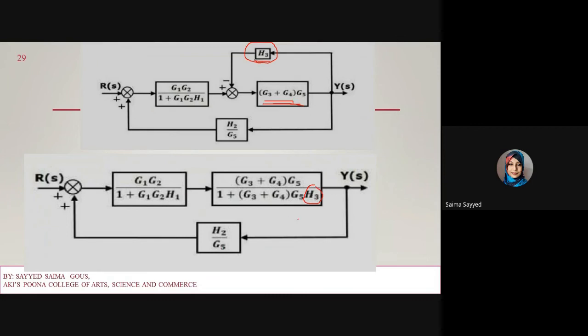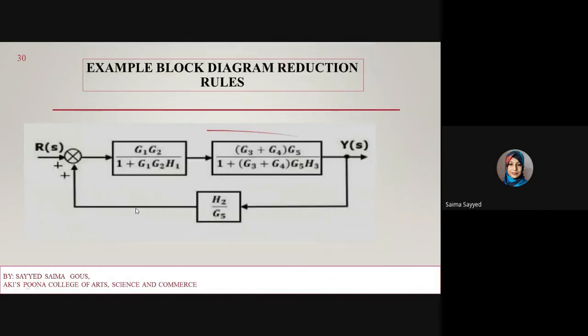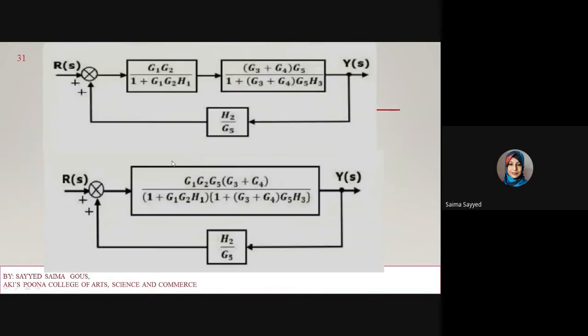Now these two blocks are in series, or we can say cascade, so convert them into a single block by multiplying. So G1 G2 G5 (G3 + G4) whole divided by (1 + G1 G2 H1) into (1 + (G3 + G4) G5 H3).